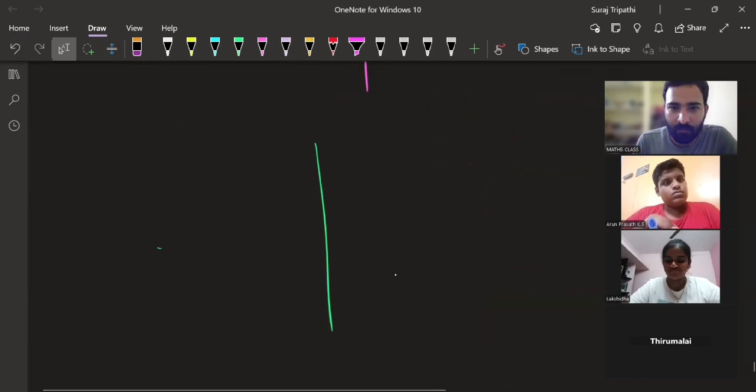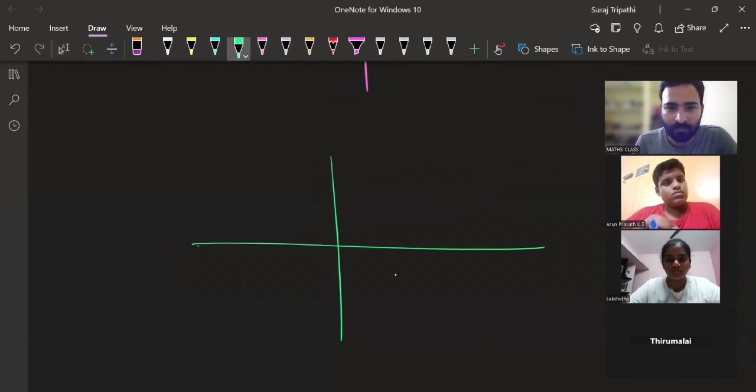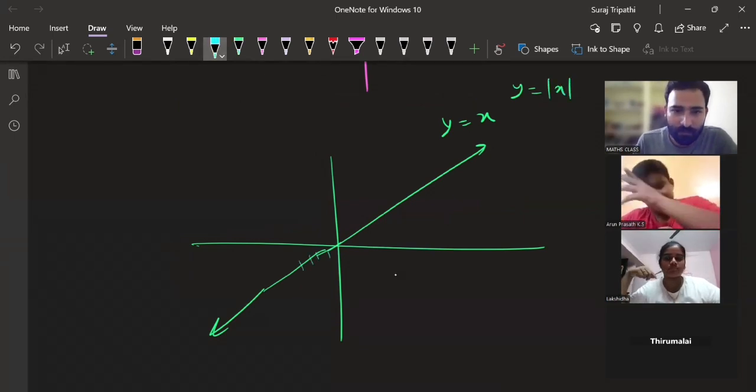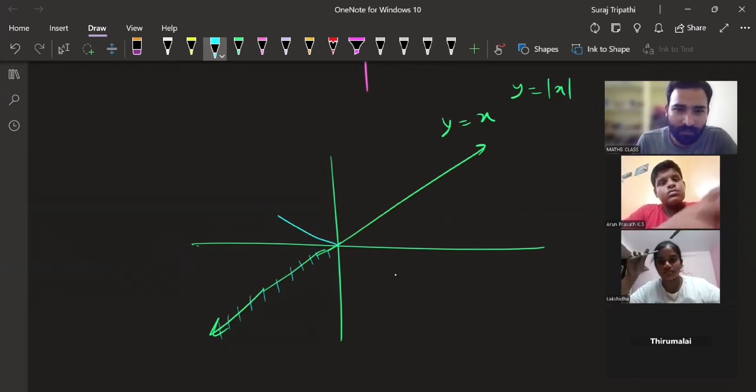So this is the graph of y equals x. Now we want to find the graph of y equals mod x. How will you get it? Whatever portion is given below the x axis, take the reflection along the x axis. So you will get the reflection like this.